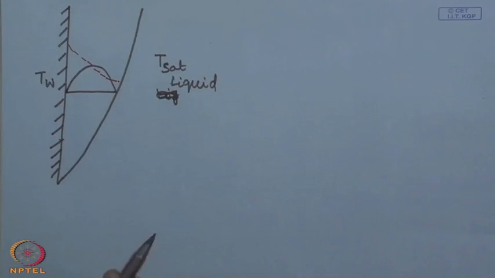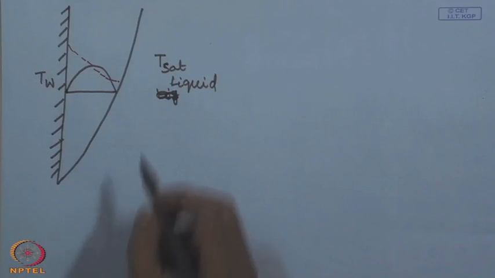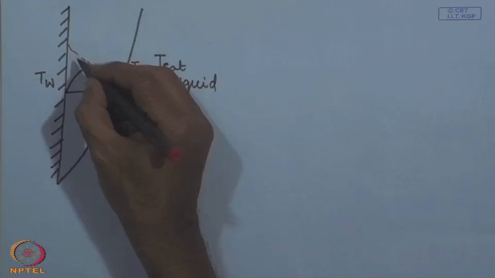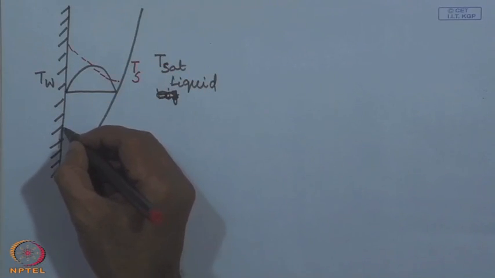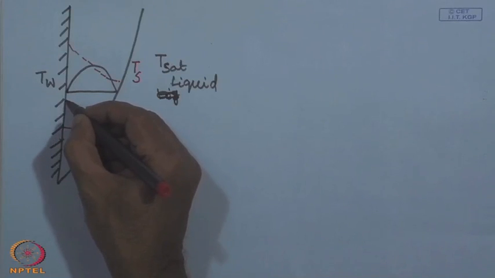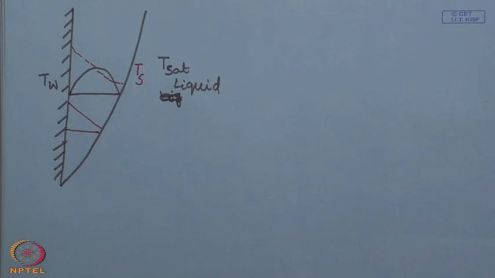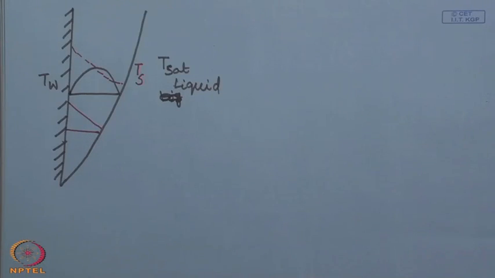The temperature profile of course has to reduce from the wall temperature Tw to the saturation temperature Ts. In general this shows the nature of the temperature profile, but in many cases one assumes a linear temperature profile. The underlying assumption is that the vapor film is so thin that only conduction is effective in the vapor film, and convection is not taking place.